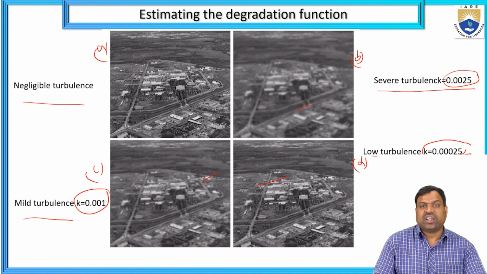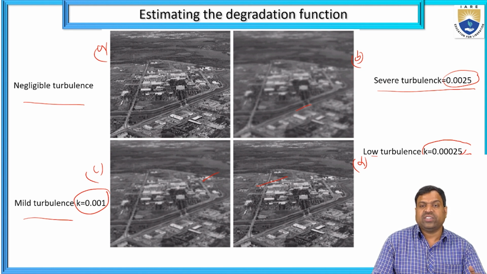The first one is a negligible turbulence value, around 0, and the next one is a severe turbulence, 0.0025. Figure C is k equal to 0.001, somewhat better compared to B. From figure C to figure D, low turbulence, that is 0.00025. It is somewhat better compared to A, B, C. D has the lowest turbulence value.